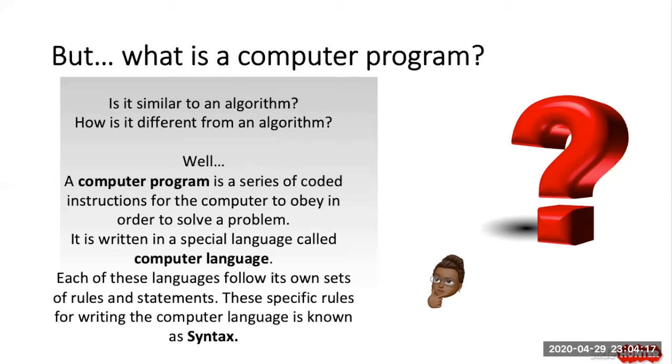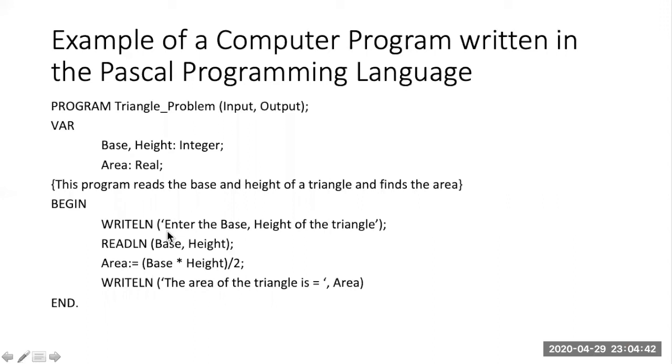Each of these languages follows its own sets of rules and statements, similar to, say, Spanish or French or German or Dutch. These specific rules for writing the computer language is known as syntax. Below is an example of a computer program written in the Pascal programming language.